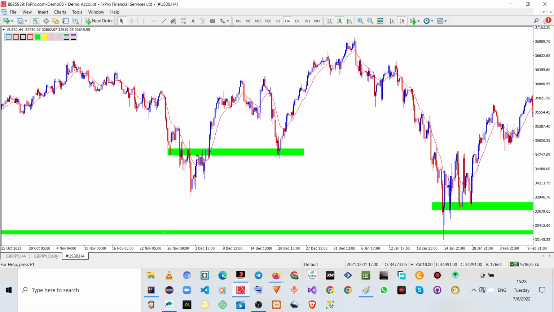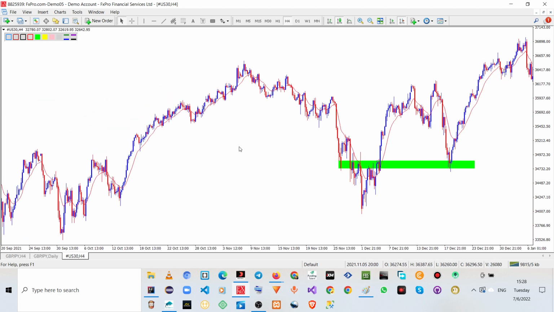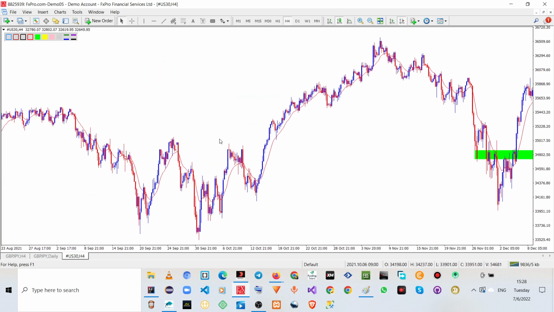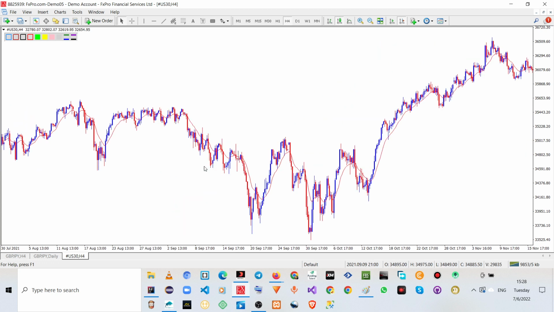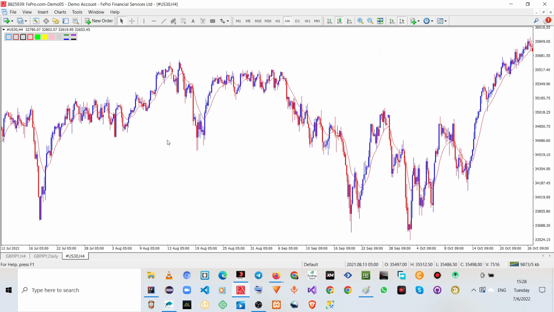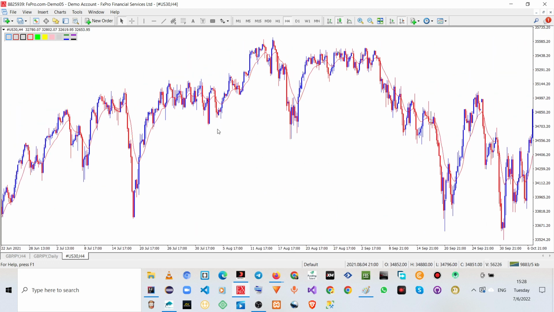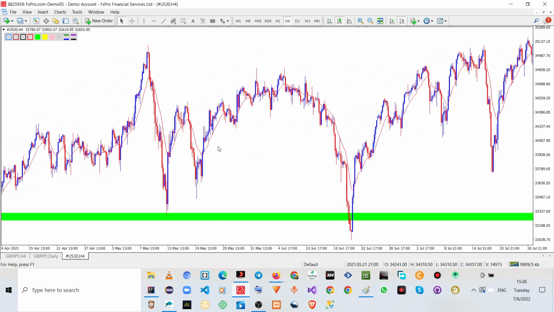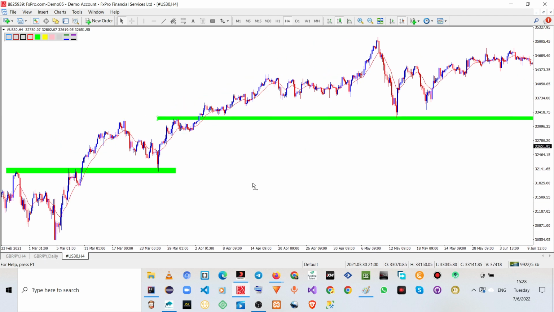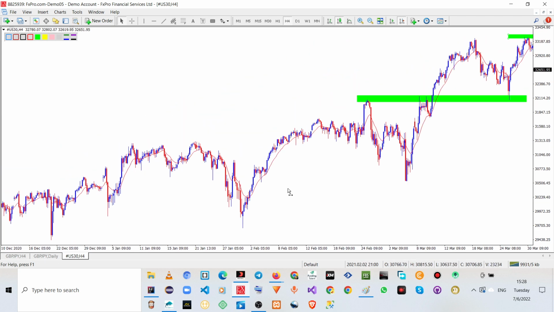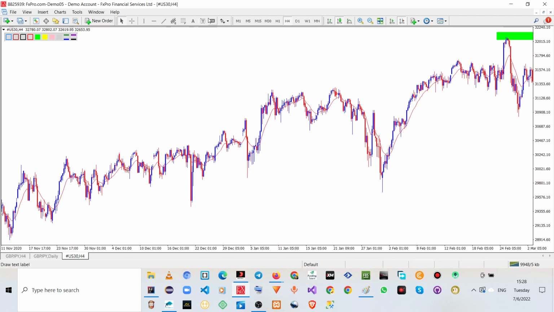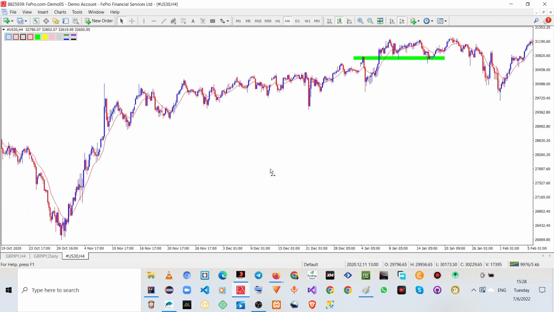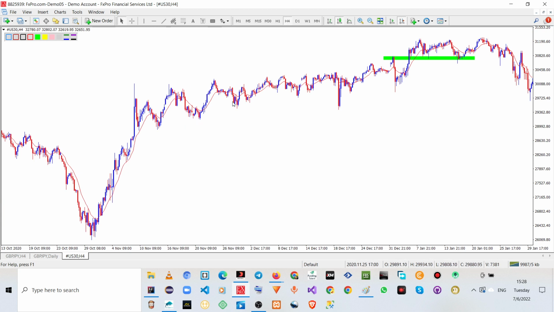Support become resistance, and this is the resistance become support. So with time, guys, your eyes will just be able to see this within seconds of opening your charts and looking at them. You will be able to tell where your support becoming resistance, or resistance becoming support, is situated.